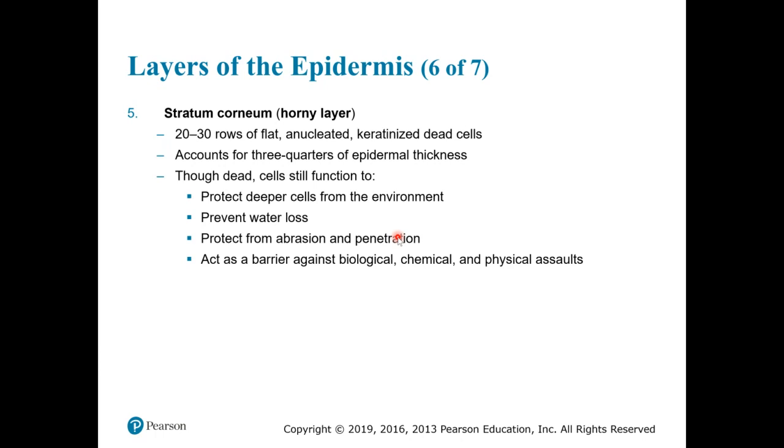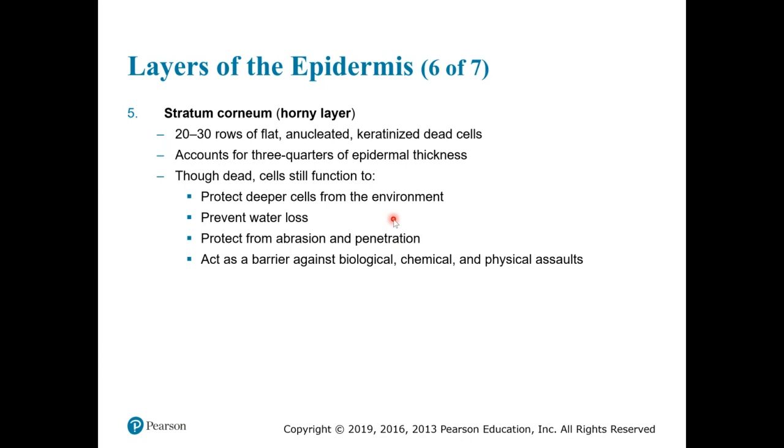And even though they are dead, they can still perform their functions, which are to protect deeper cells from the environment. That's the number one function of the skin, protection. Second function, prevent water loss. The keratin helps hold the water in as well. It protects the deeper layers from abrasion and penetration.